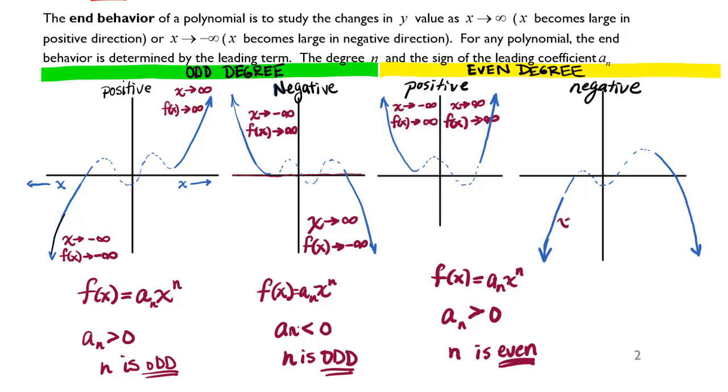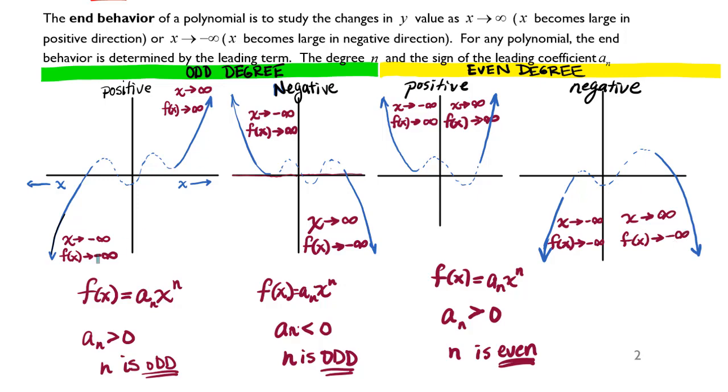So we would say as x approaches negative infinity, f of x approaches negative infinity. And as x approaches positive infinity, f of x approaches negative infinity.